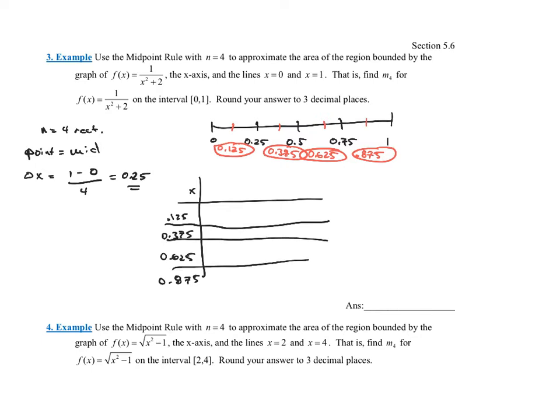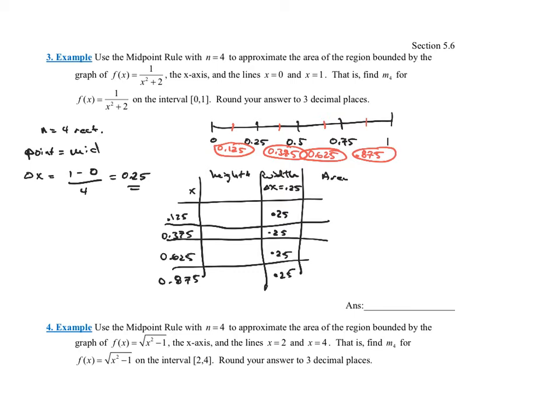I need to find the height and then the width, and then that gives me the area for each one of those. Again, the width is always delta x, which in this case is 0.25. So each one of my heights I multiply times 0.25.